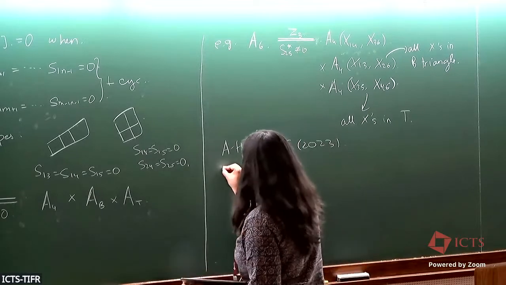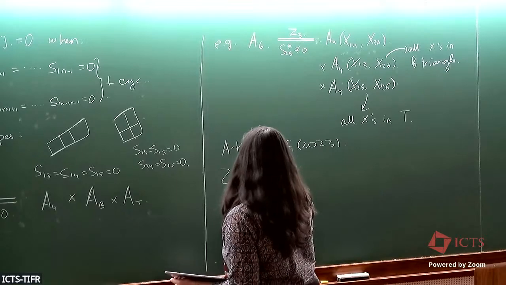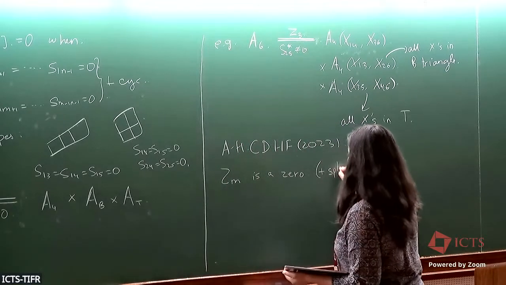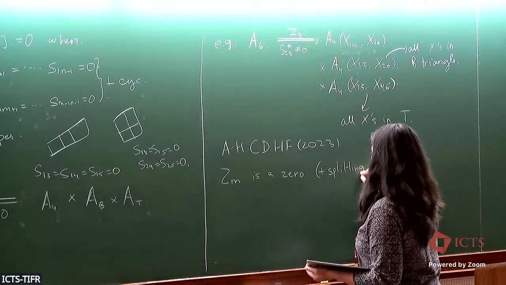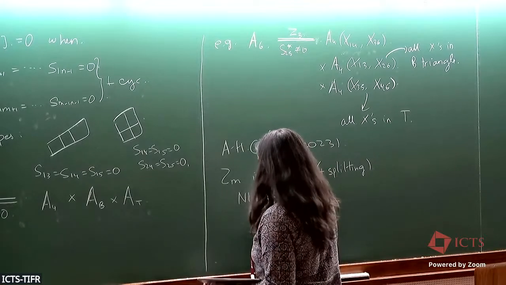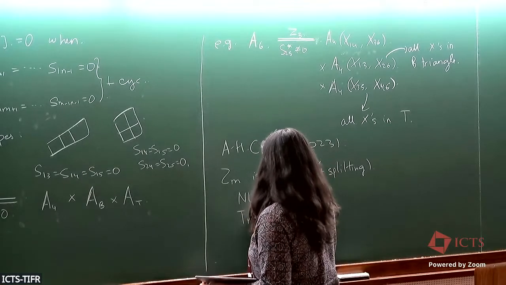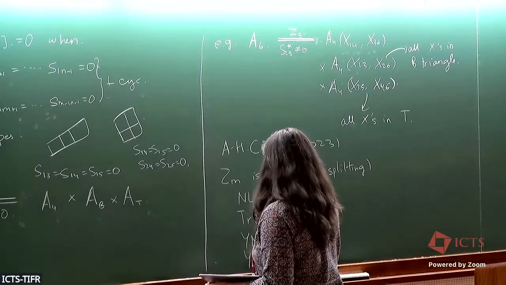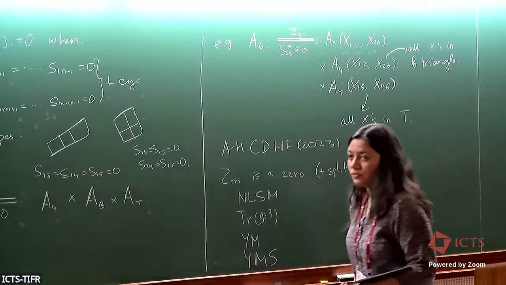It was that these Zm is a 0 and splitting for the following theories: for NLSM, for trace phi cubed, for Yang-Mills, and Yang-Mills scalar. Okay.